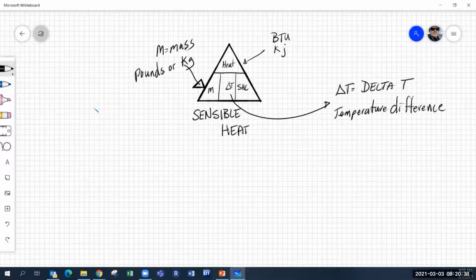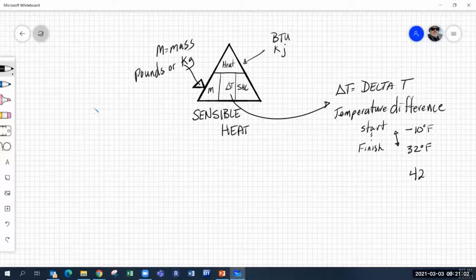Difference. Okay, between the start and the finish. For example, if I had something that started at minus 10 degrees Fahrenheit and went to 32 degrees Fahrenheit, the delta T between these two is actually 42 degrees. So you can see it's the difference in temperature from start to finish.